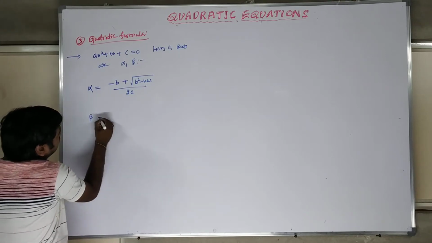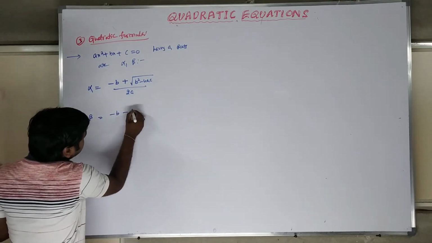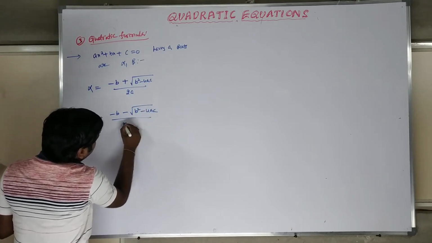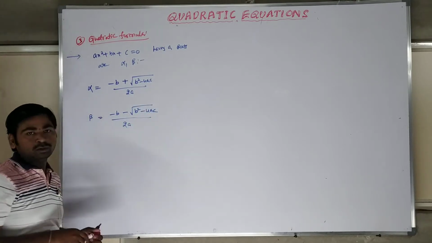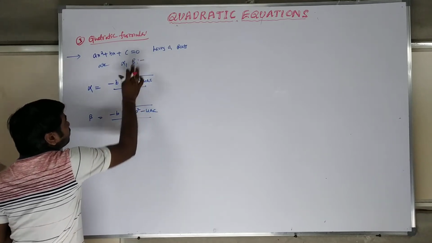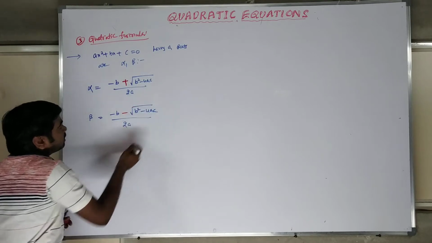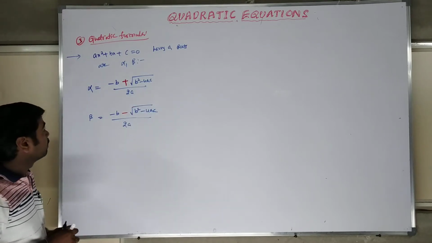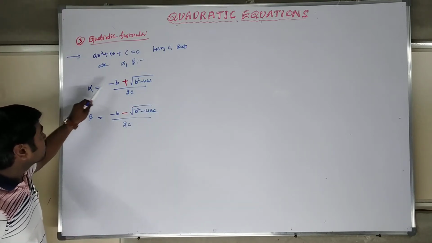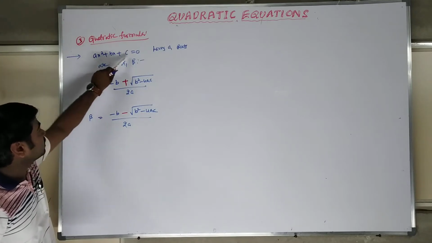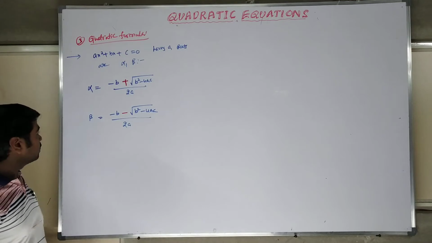Next, beta is equal to minus b minus under root of b square minus 4ac by 2a. The only special thing here is that one has a plus sign and the other a minus sign. Everything else is the same in both cases. This is how you have to write the formula.